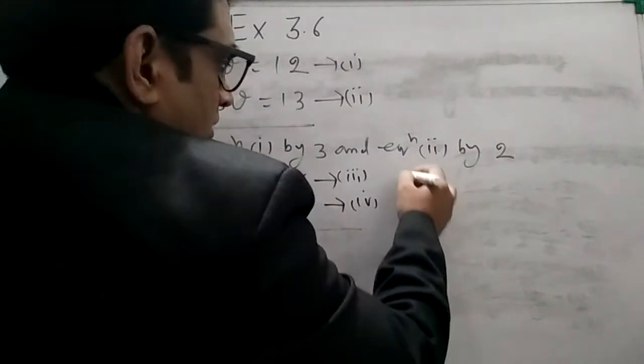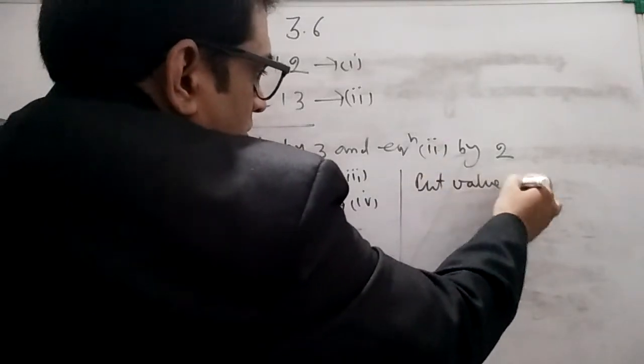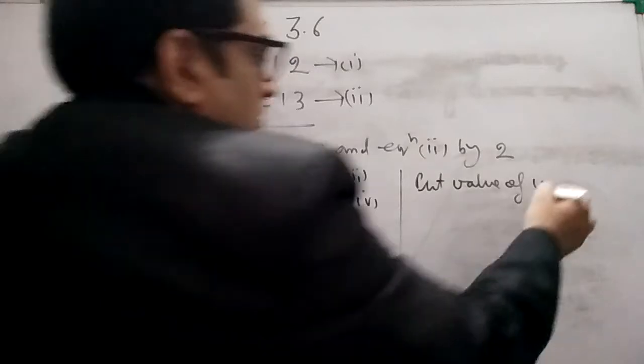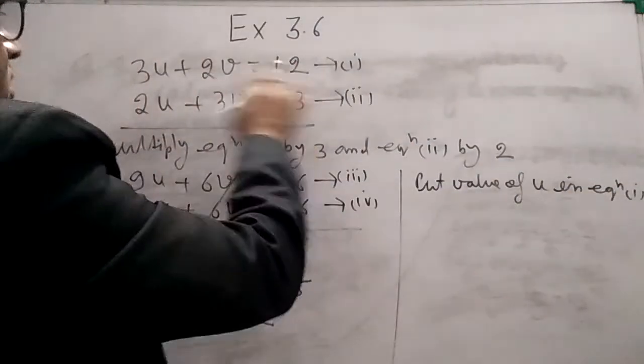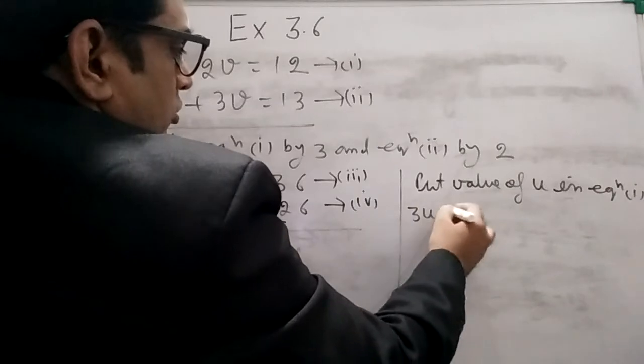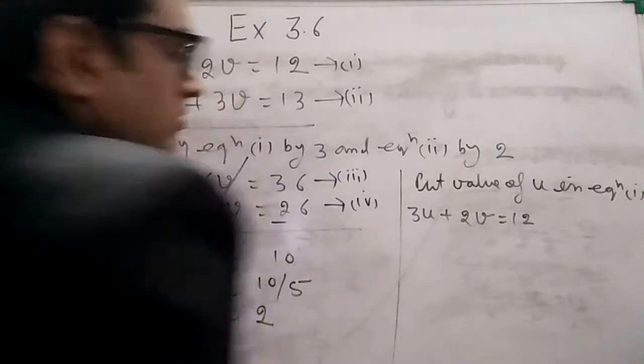Dear student, put the value of u in equation first. First equation is 3u plus 2v equal to 12.